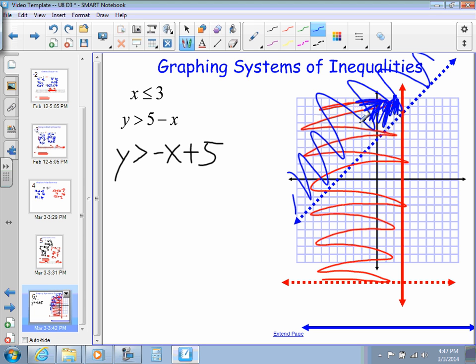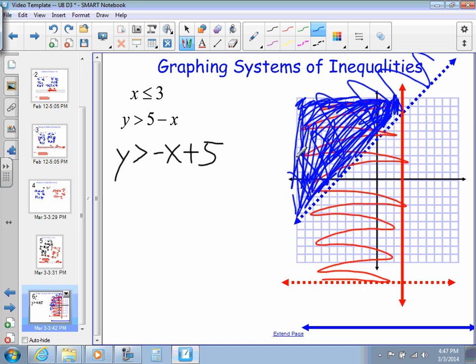Notice it's bounded by the two lines. And I'm going to just sort of fill it in. I'm going to make it nice and dark so I can see where my solution set is. Make it real clear here.